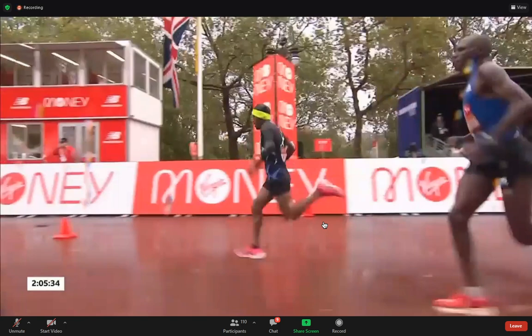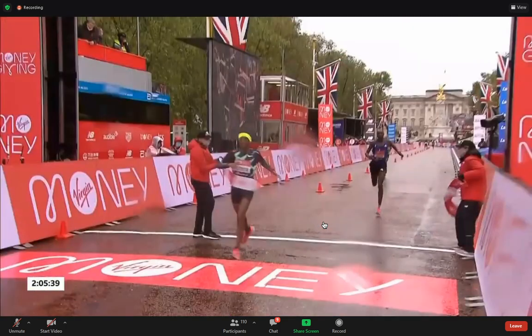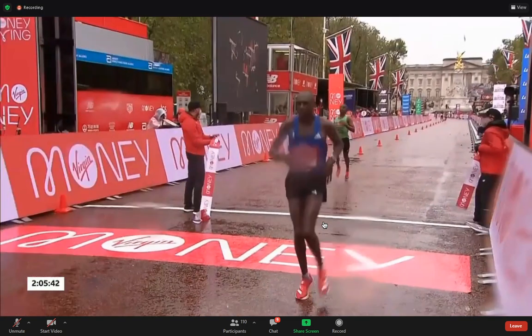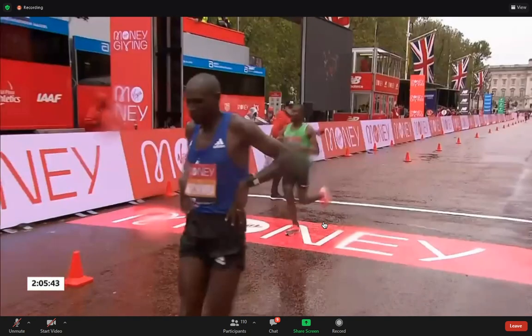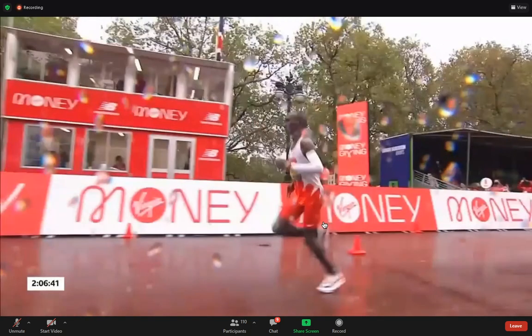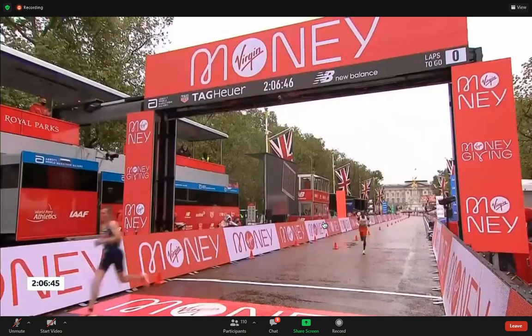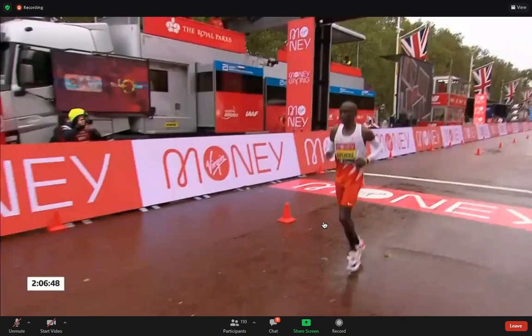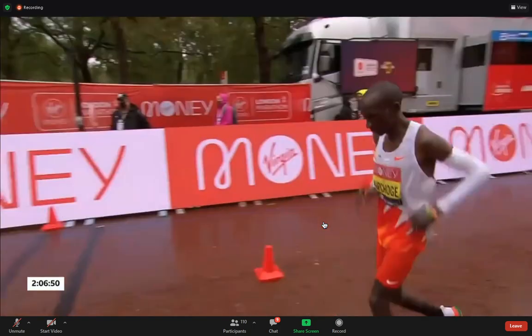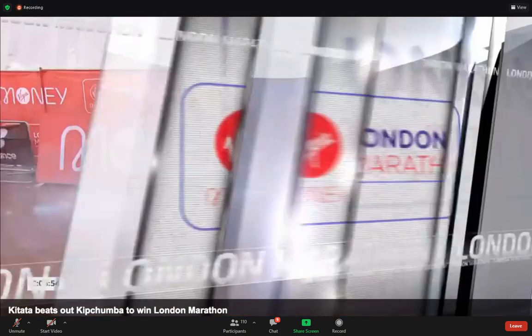You could see Kitata digging there. Chebet's doing everything he can, but he just can't keep up with the runner-up from 2 years ago. Kitata, 2:05:41. Chebet, 2:05:42. And Lemma, 2:05:45. This was a close finish. Kipchoge rounding it out in 2 hours, 6 minutes, and 48 seconds. Far off the lead.